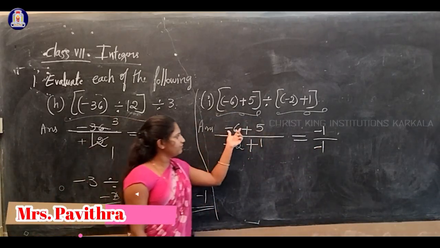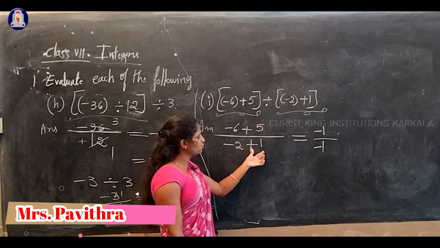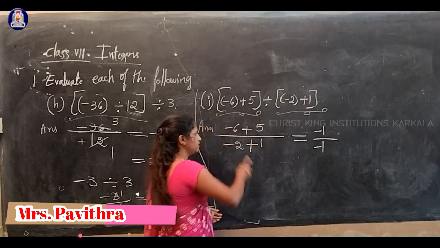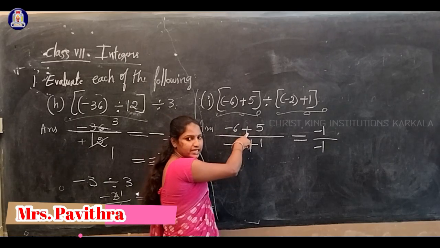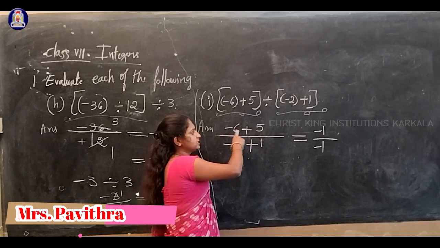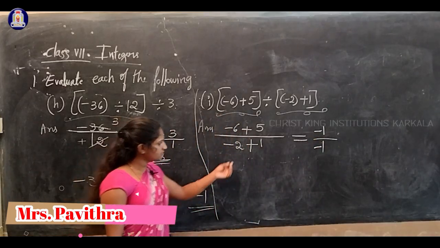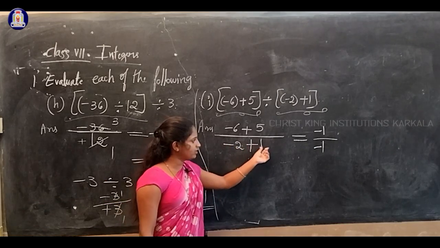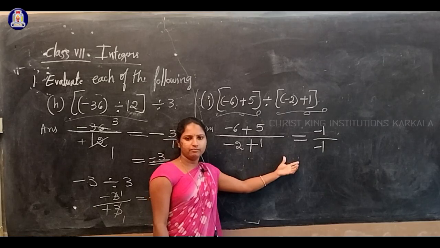Now simplifying minus 6 plus 5 will get minus 1, and minus 2 plus 1 is also minus 1. Understood?